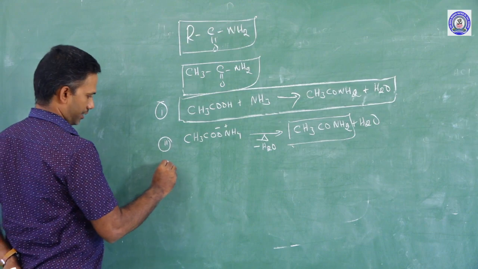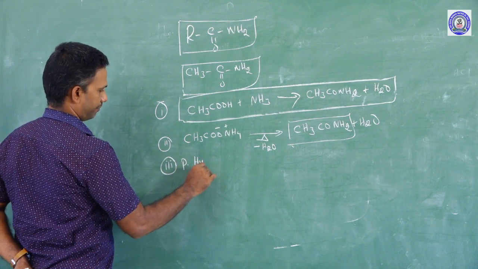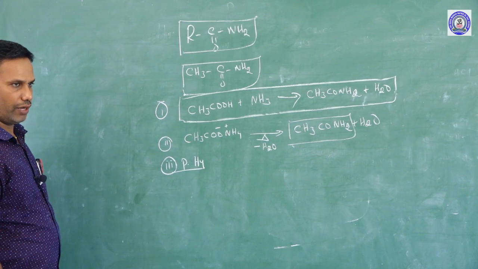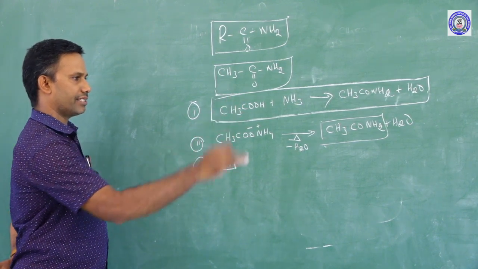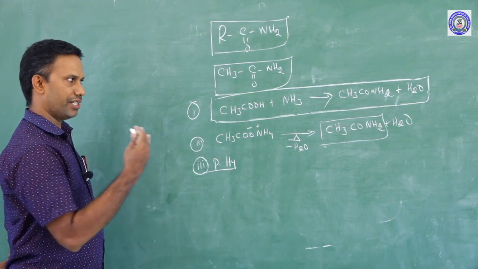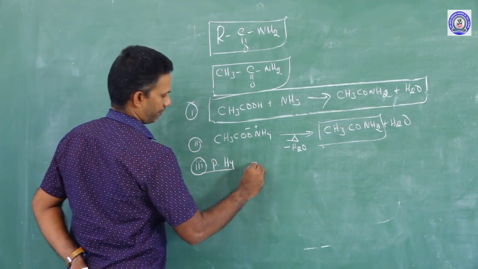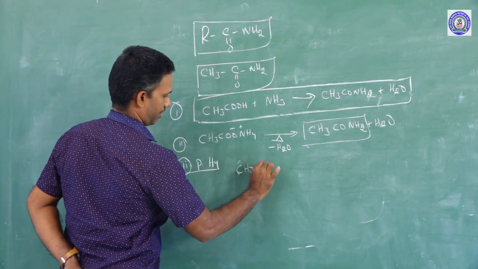The other method is partial hydrolysis. Why am I mentioning this word? If you do complete hydrolysis, the product is different. Partial hydrolysis means the product is different. For example, CH3CN.